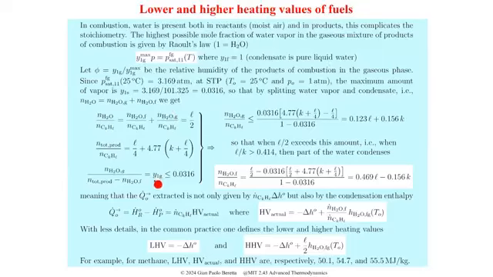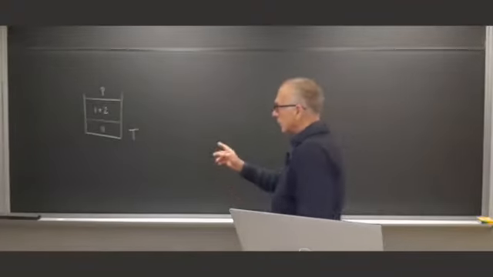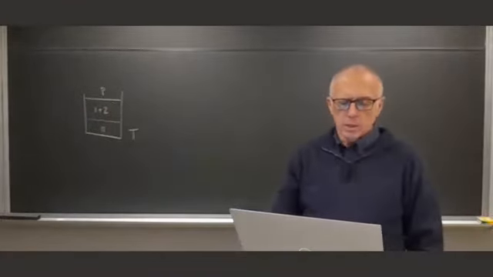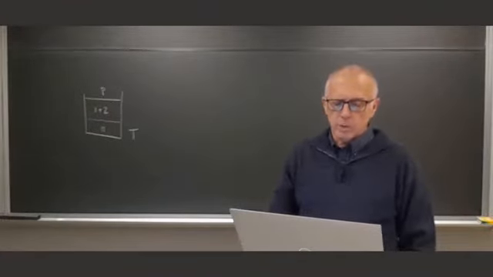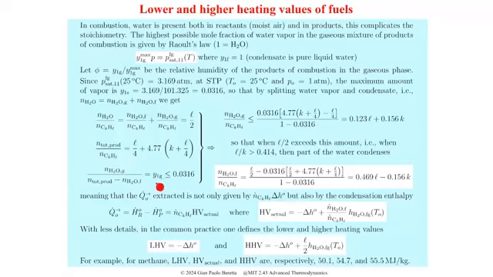The mole fraction in the water vapor is defined as the amount of water that remained in the vapor phase divided by the overall amount in the vapor phase. And the overall amount is the overall products of combustion minus the water that has condensed, so it went away from the gaseous phase. So this is the mole fraction, and the total amount is given by this stoichiometry.